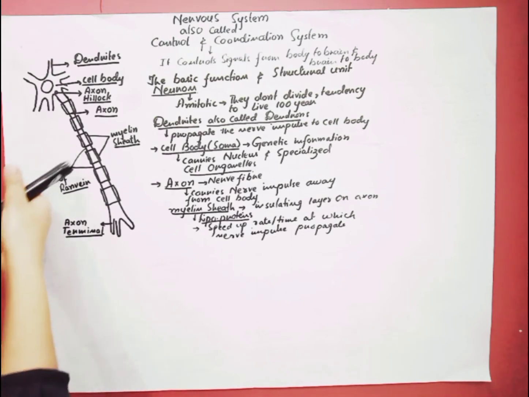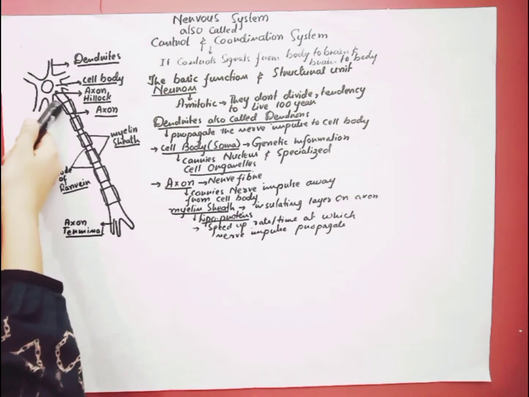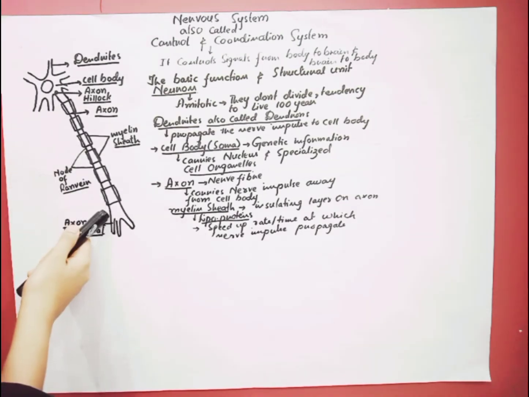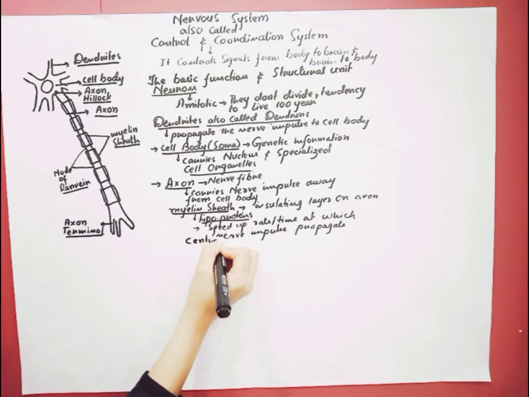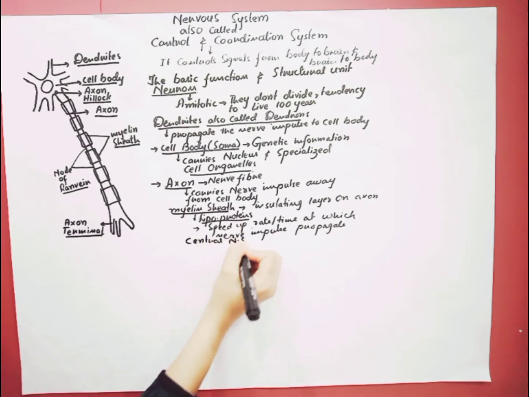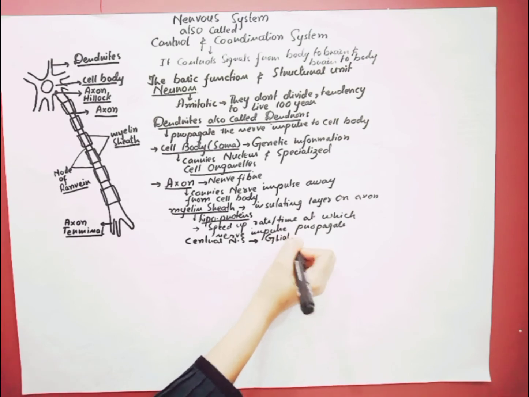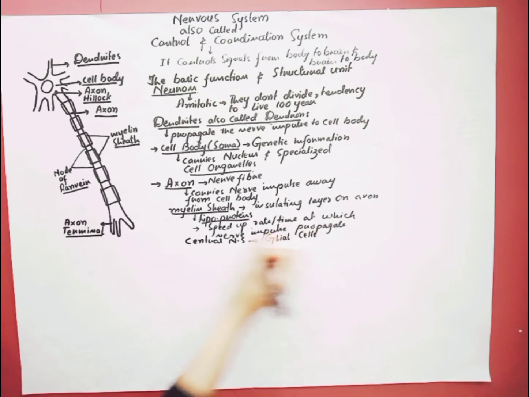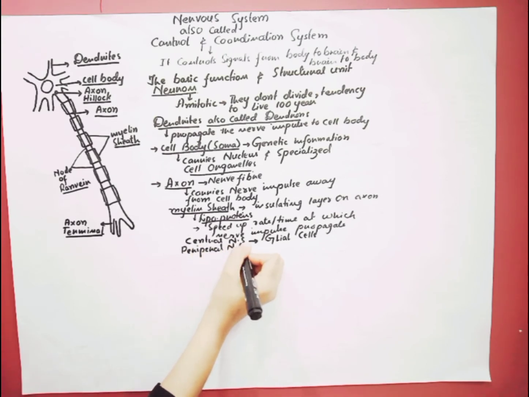The gap between this myelin sheath is called node of Ranvier. In central nervous system, this myelin sheath is made up of glial cells, while in peripheral nervous system, the myelin sheath is made up of Schwann cells.